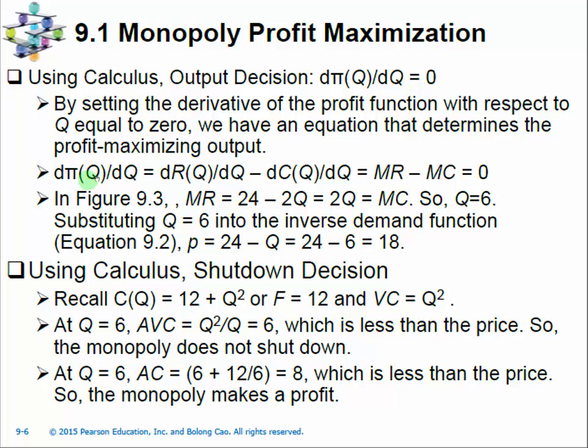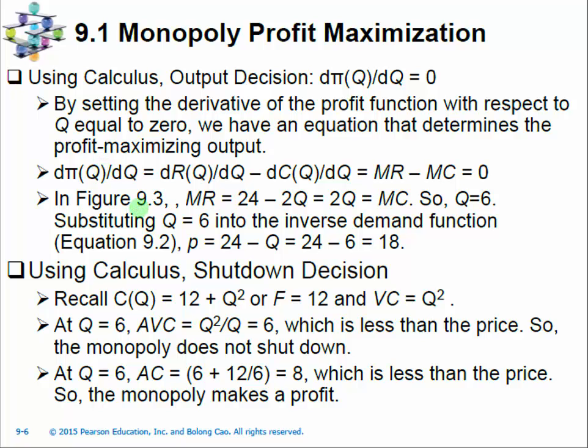Again, the profit is the difference between the revenue and cost. So the first-order condition for profit maximization gives us marginal revenue equal to marginal cost, or say marginal revenue minus marginal cost should be 0.